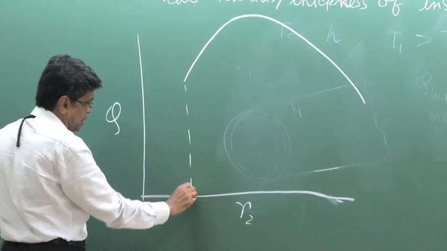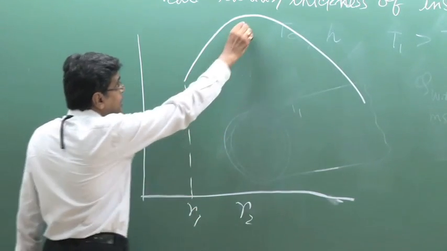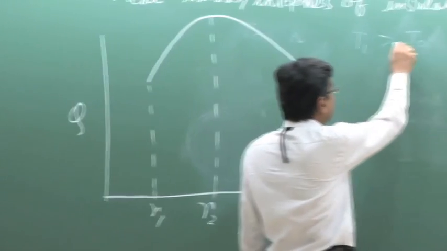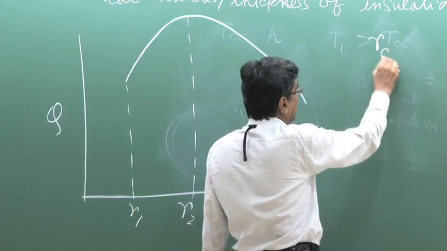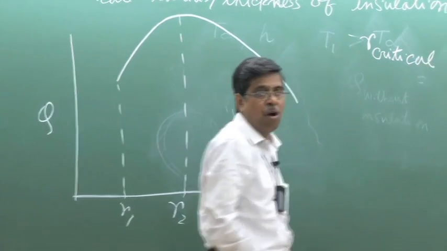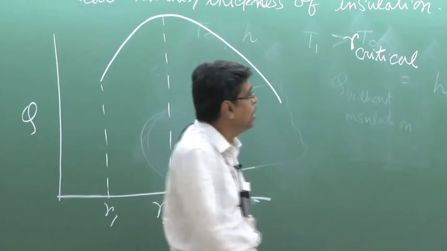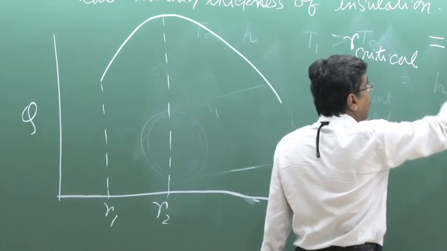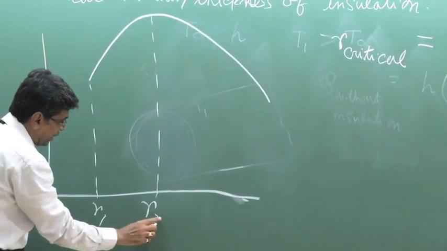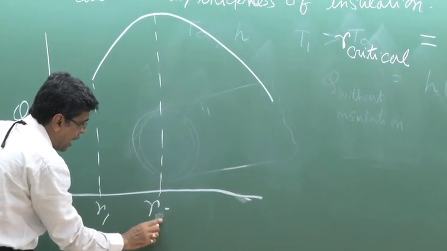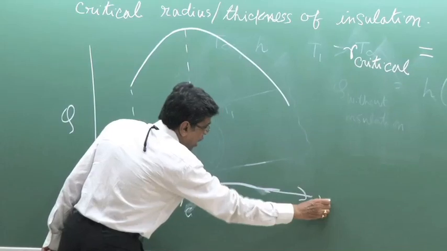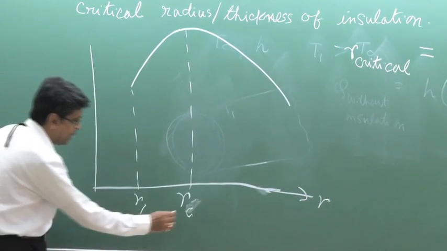This is R1, this is the value k by h, and this is known as R critical, or sometimes R C is equal to k by h. This axis is R2, rather R critical.